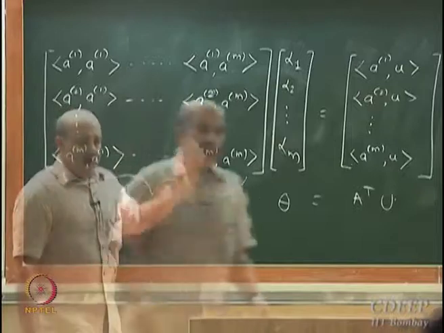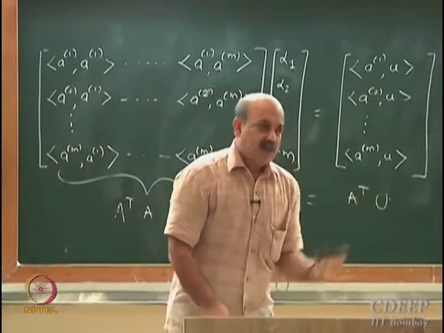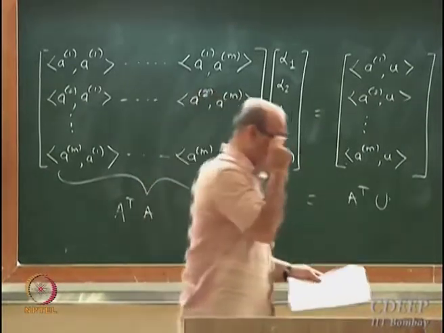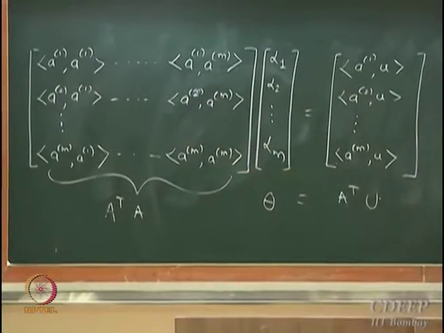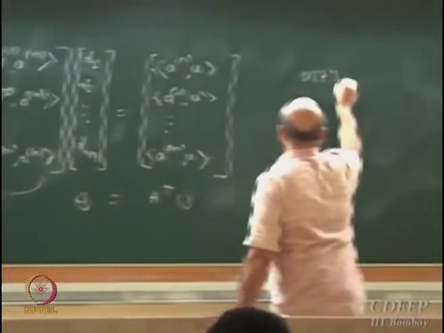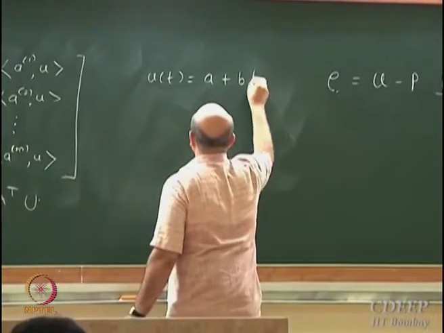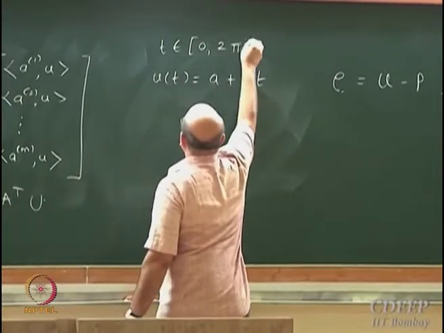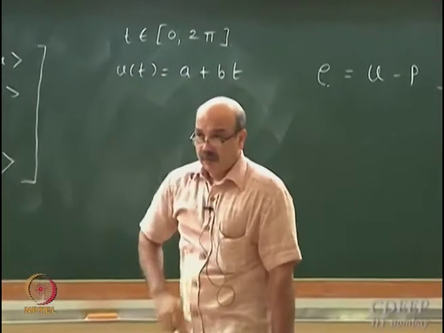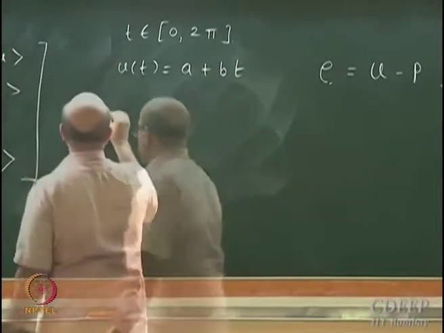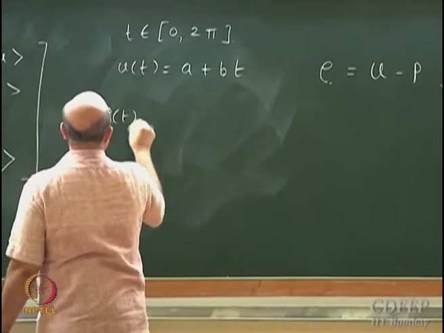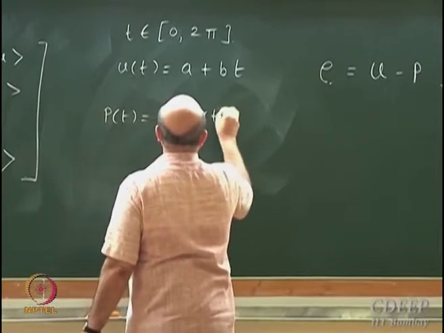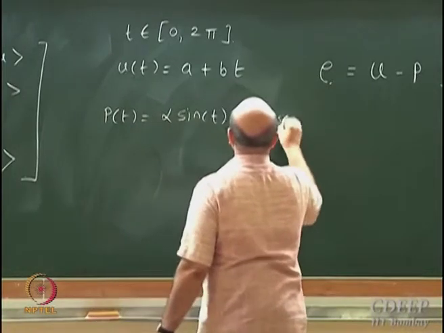Here I could work with any of these. See, for example, I began my lecture last time by saying I have this vector u(t) which is a plus bt, and t belongs to 0 to 2 pi. I want to find an approximation p(t) which is alpha sin t plus beta cos t.